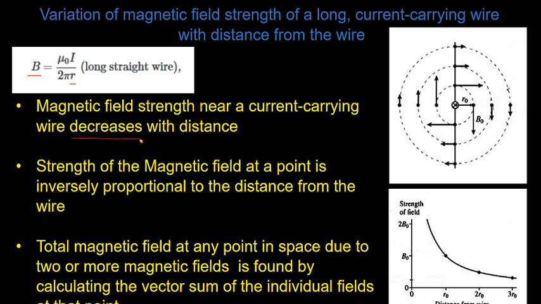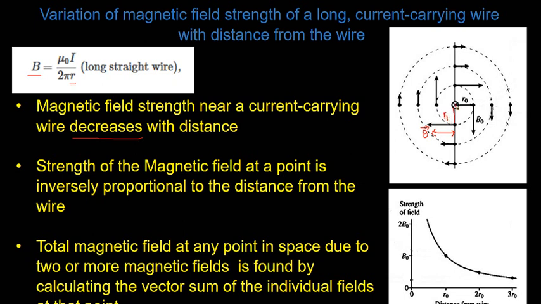It's because it's inversely proportional, and you can see that in this picture. The magnetic field vector has a longer length here, which is at a closer distance, say R1, to the wire.